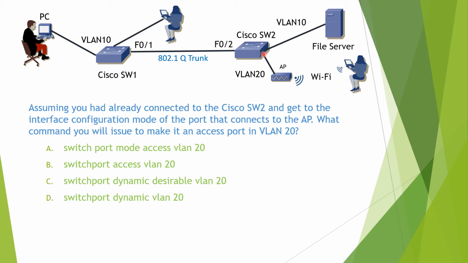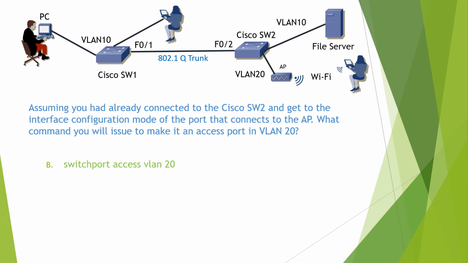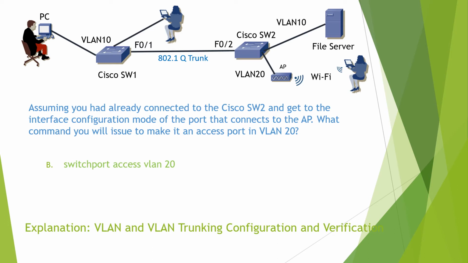To make this port an access port in VLAN 20, we need to issue the command switchport access vlan 20. So the answer for this question is B. You can find the detailed explanation for this question in the video, VLAN and VLAN trunking configuration and verification.